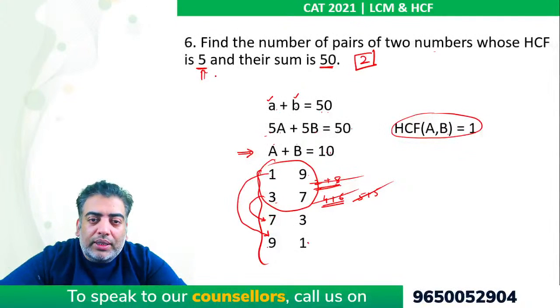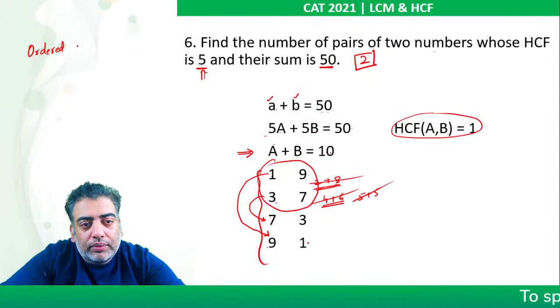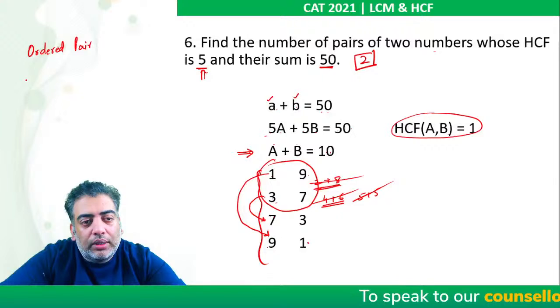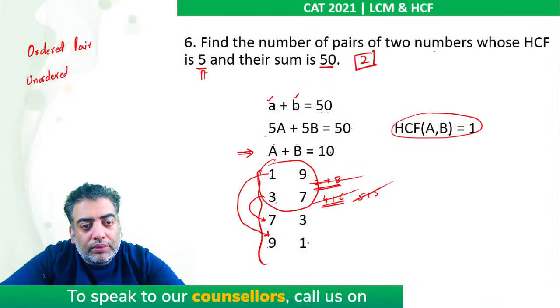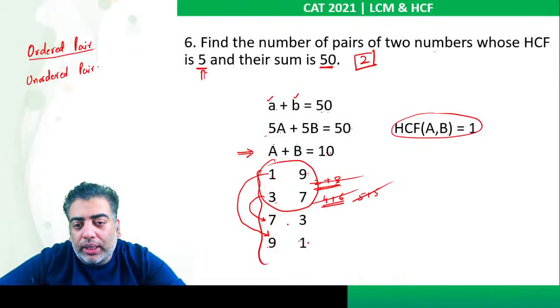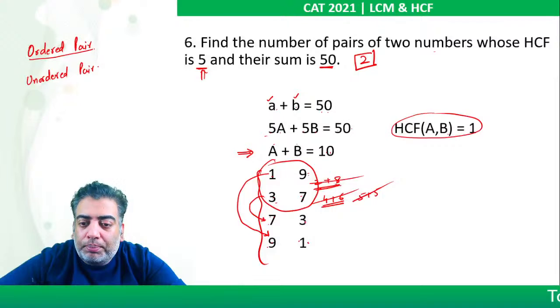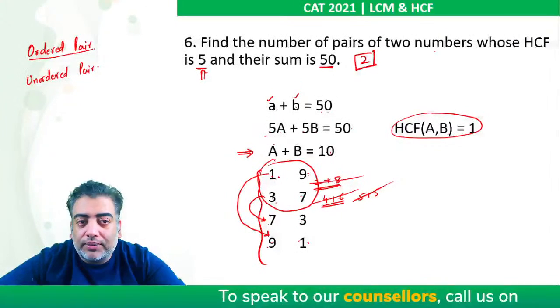Now we need to understand there are two things. One is ordered pair and another is unordered pair. So an ordered pair is the one in which 1 9 and 9 1 are both to be counted, 3 7 and 7 3 both are to be counted, because in these cases order matters.